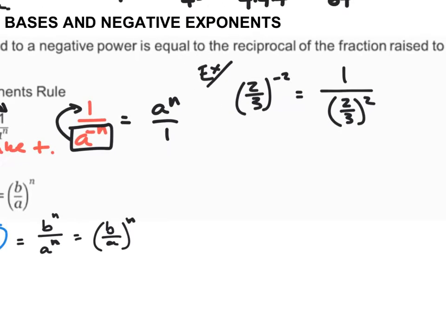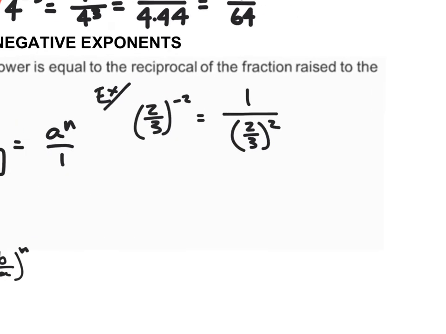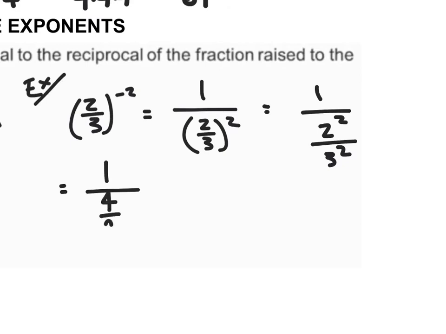And all I'm doing is applying this rule to a fraction, so it's a quantity. Now I can take 1 over, and I can do this as 2 squared over 3 squared, which is going to end up giving me the value of 1 over 4 ninths.